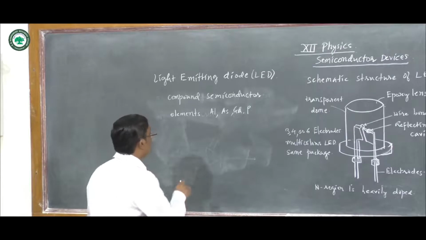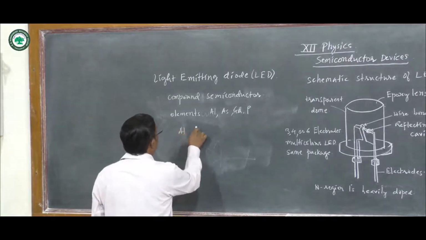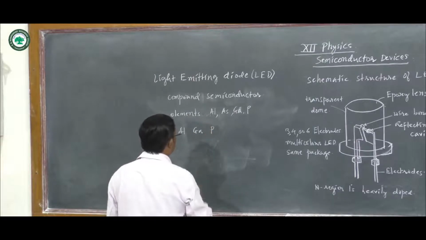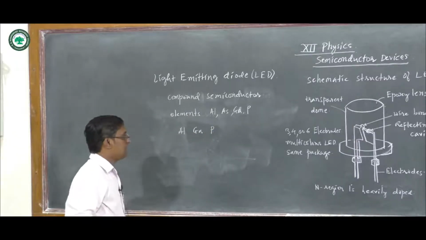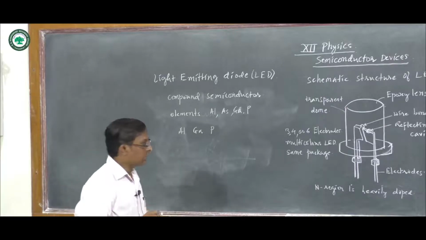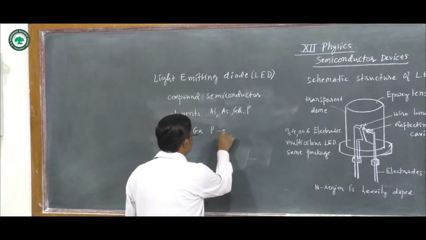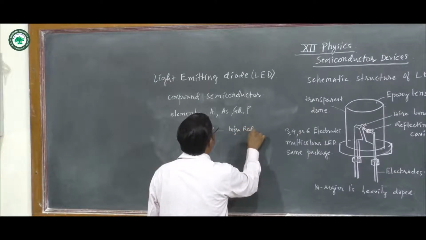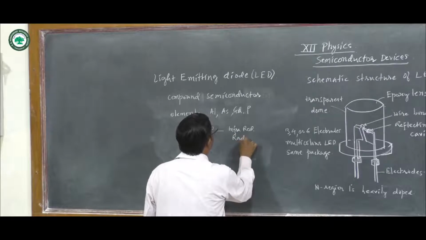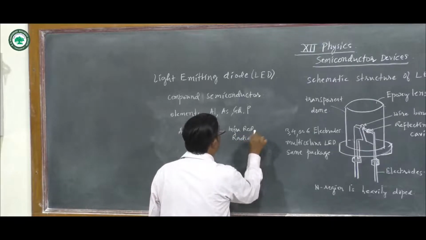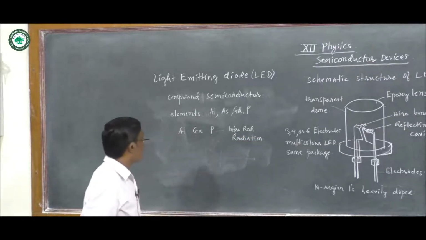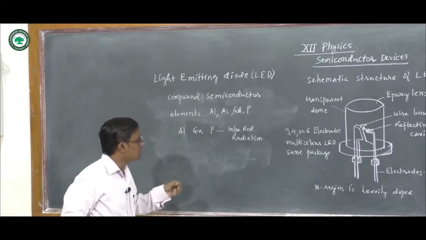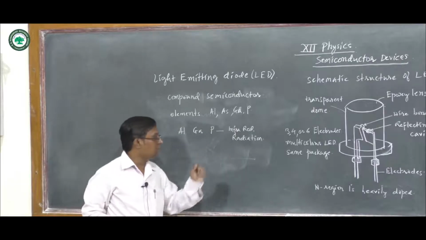When aluminium, gallium and phosphide are used in the semiconductor, it emits infrared radiation.